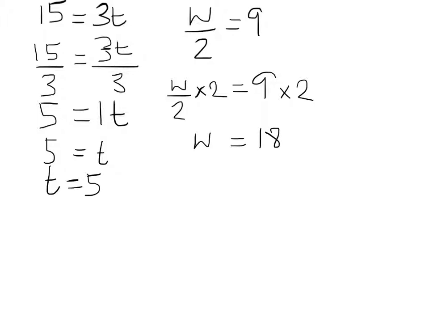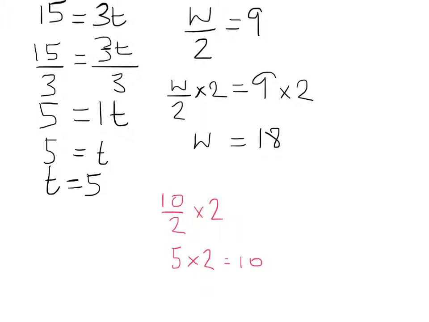Let's just clarify this little bit here, because I'm worried that maybe it's a little confusing. Let's put in a number. Let's say 10 divided by 2. Okay, now we know that's equal to 5. What happens if we said 10 divided by 2 times by 2? What's that equal to? Well, 5 times by 2 is 10.